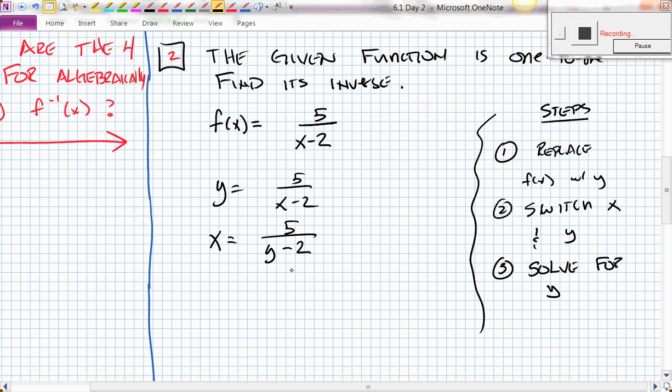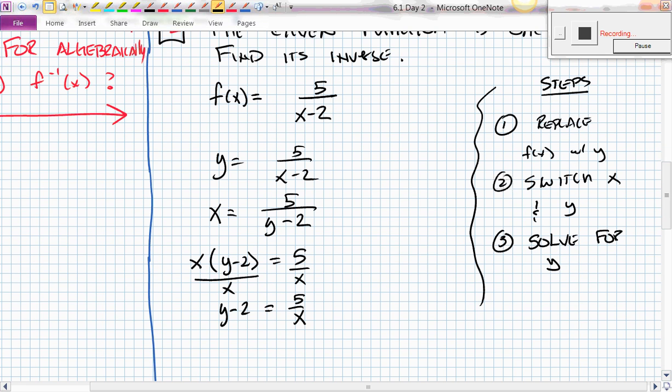This is the one we did in the warm-up problem, remember? So I have x times y minus 2 is equal to 5. I divide by x on both sides to get y minus 2 is equal to 5 over x. Then last I add 2, so y is 5 over x plus 2.